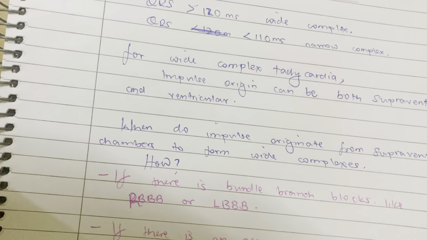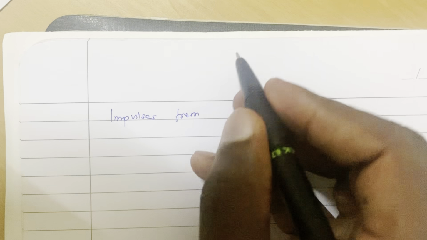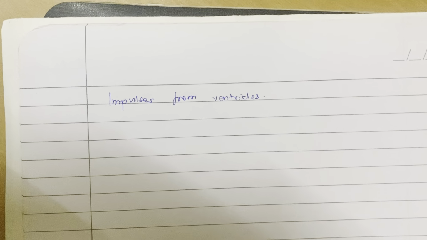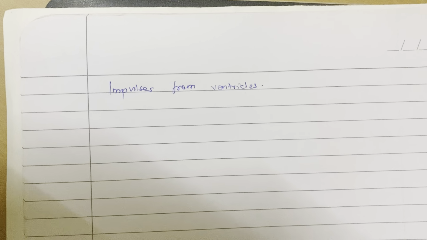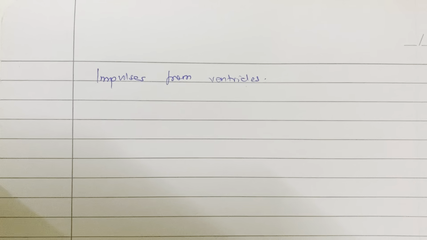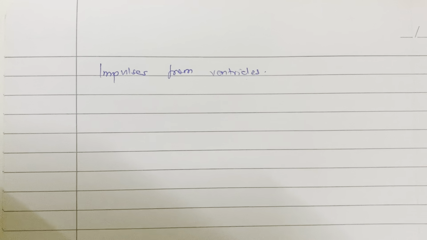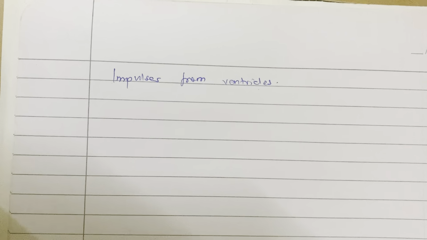So next, impulses from ventricles. If the impulse source or site is ventricular, that is already against the normal conduction system.